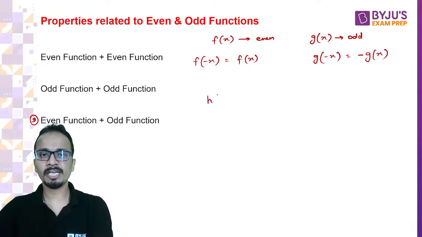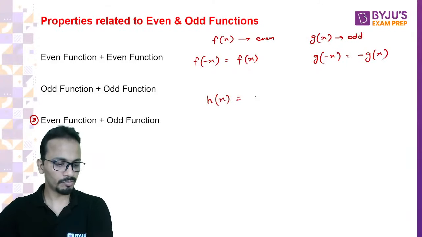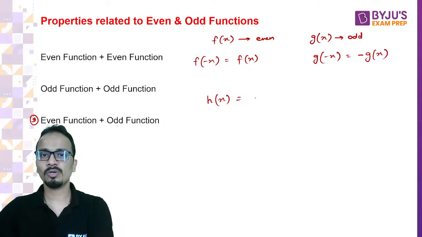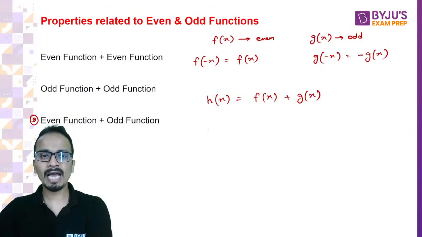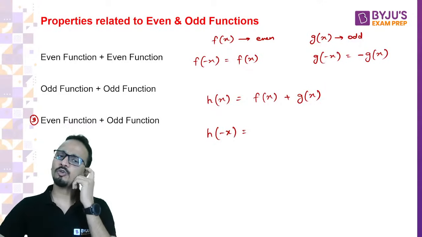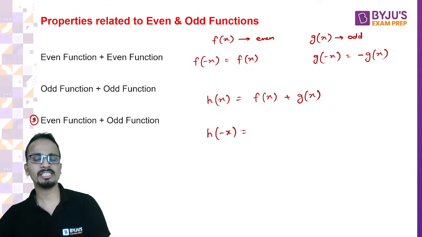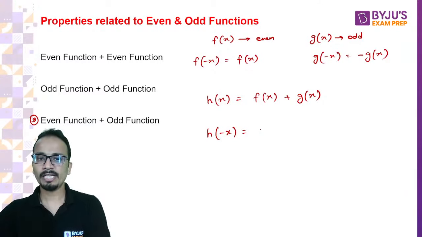Taking another function hx, which is the sum of these two functions, hx is equal to f of x plus g of x. Okay. Now calculating h of minus x, we'll see if this is equal to minus of hx or hx. So h of minus x will be equal to f of minus x plus g of minus x.